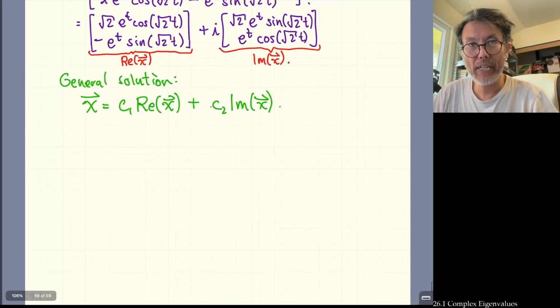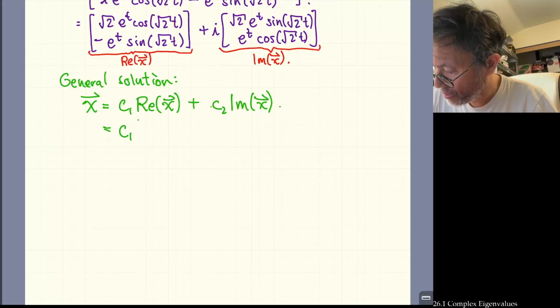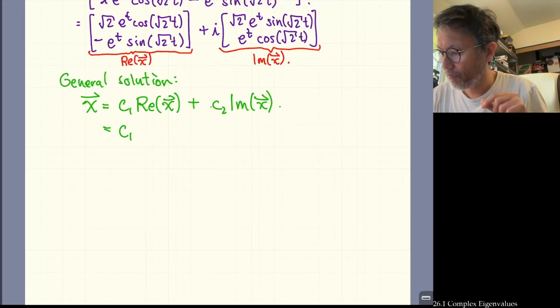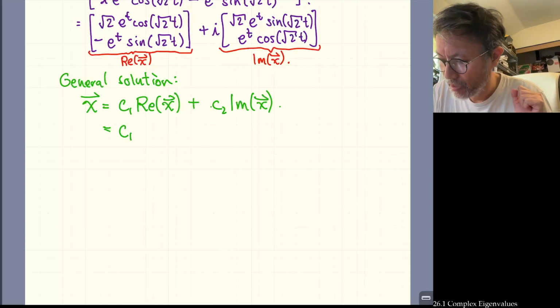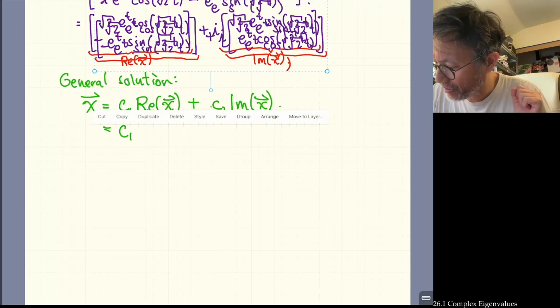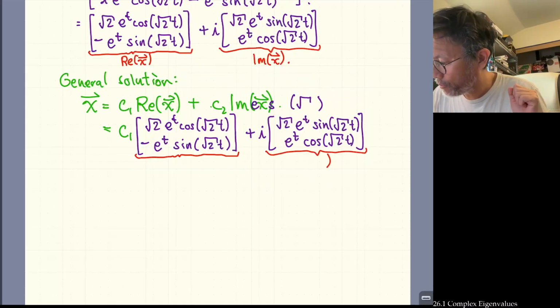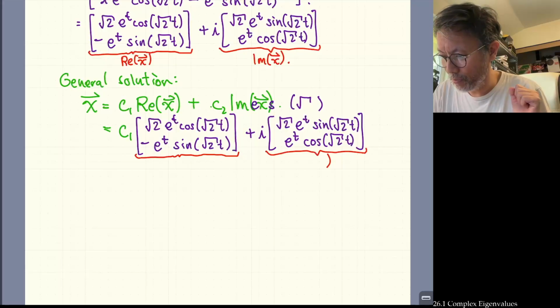Okay? But now I can just copy, which is C1 times, I'm so tempted to just, oh my god, it's too tempting. Duplicate, move it here. Oh, there's all this other purple junk everywhere that I grabbed. Oops.